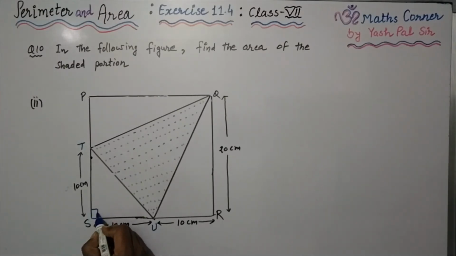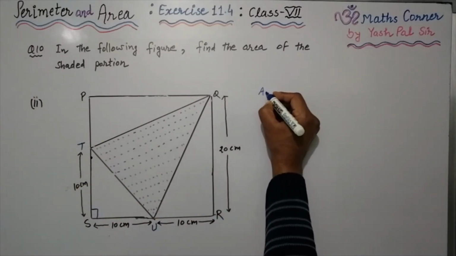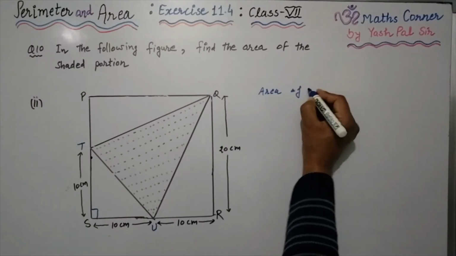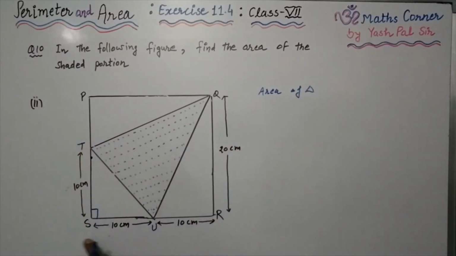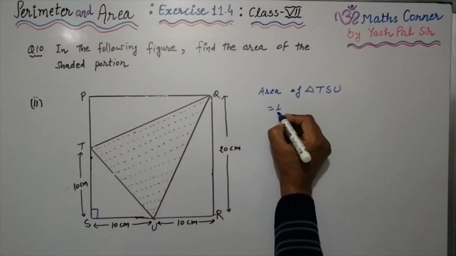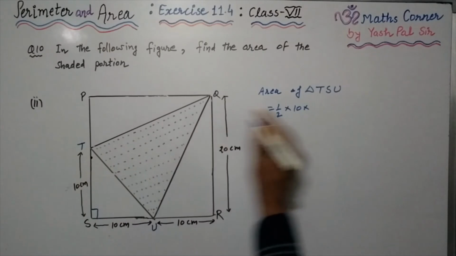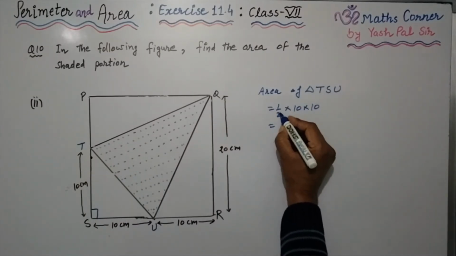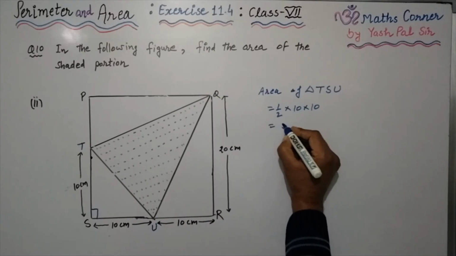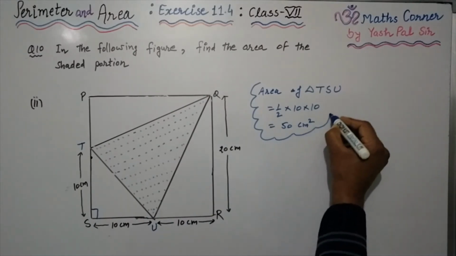Because this angle is 90 degree, we can also find the length of this side. Moreover, what is the area of triangle TSU? TSU is equal to half into base is 10 into height is also 10, so this becomes 5 into 10, 50 centimeter square.